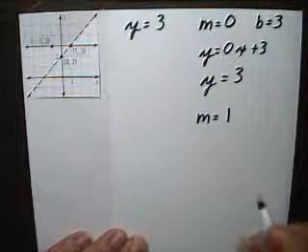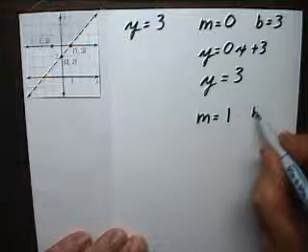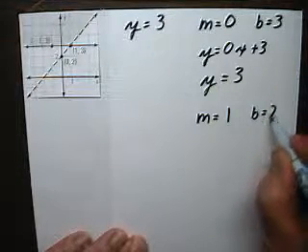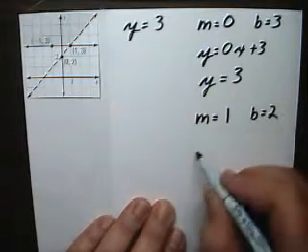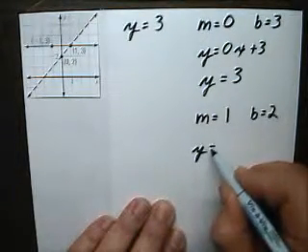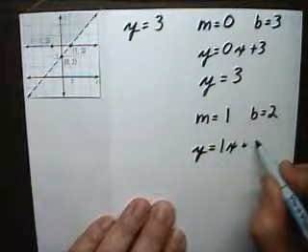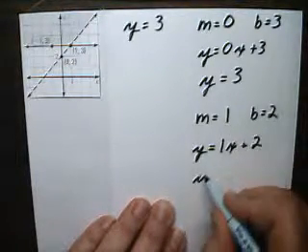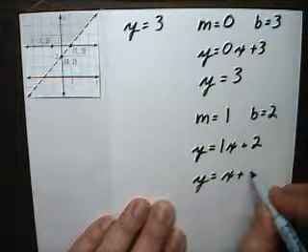It's 2. It crosses the y-axis. The y-intercept is 2. b equals 2. So for this one, we end up with y equals 1 times x plus 2, or y equals x plus 2.